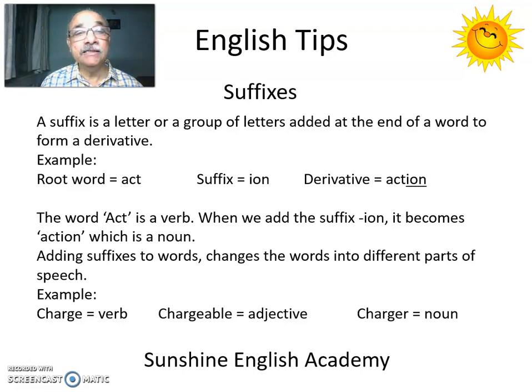But action is no longer a verb, it becomes a noun. So adding suffixes to words changes the words into different parts of speech. For example, charge is a verb, chargeable is an adjective, and charger is a noun.